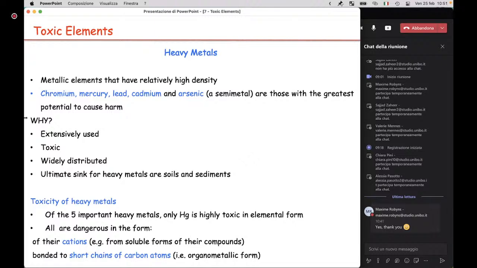Moreover, when heavy metals enter the environment, for example, as discarded materials from households or from the manufacturing industries, they go into soils and sediments, and they can stay there for very, very long times.